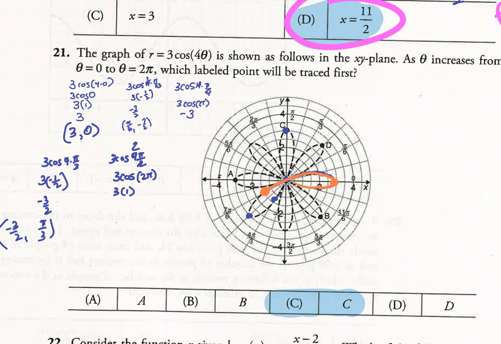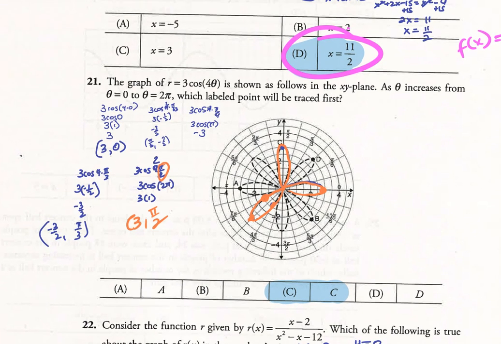And then I plugged in pi over 4, pi over 3, and pi over 2. Pi over 4 gave me this coordinate point, so now I know I'm going in this direction. Pi over 3 gave me this coordinate point, so I'm continuing in this direction. Then I didn't know if it went here and back or if it went to the top, so I plugged in pi over 2. 3 pi over 2 was the last point, so I know I went up here.